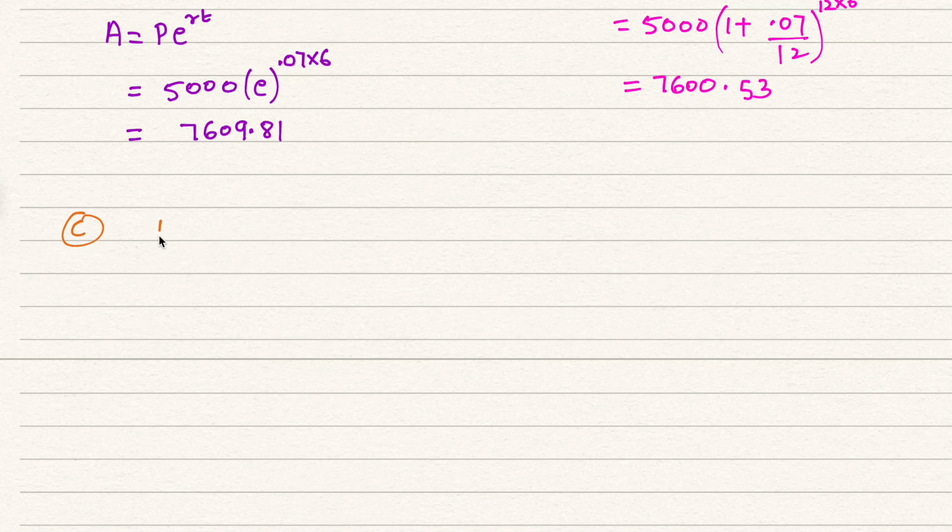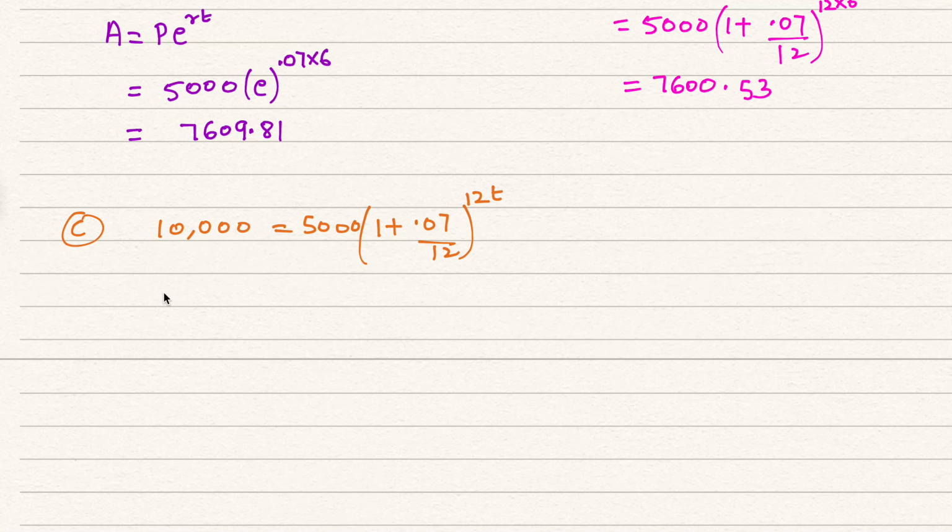Part C, double amount is $10,000 is equal to 5,000 e to the power, no, it's double, it's not continuous, it's double. So 1 plus decimal 07 upon 12 raised to power 12t, because it is compounded monthly. Now we have to calculate this t, and when we get a variable as a power, we use the natural log.